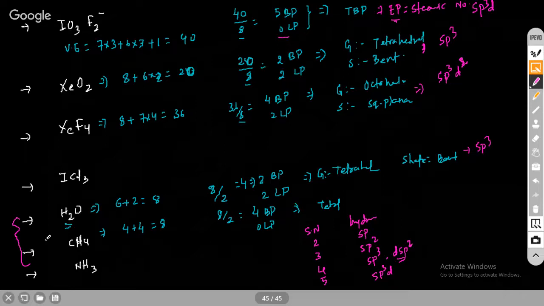If steric number is 2, hybridization sp, 3 sp2, 4 sp3 or dsp2, 5 sp3d, 6 sp3d2, 7 sp3d3. That is it. Like this, we find out the hybridization. Understood this?